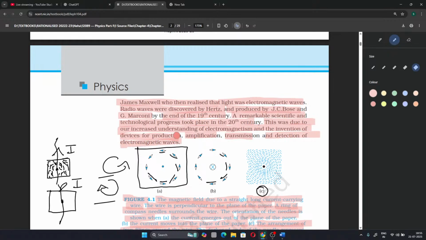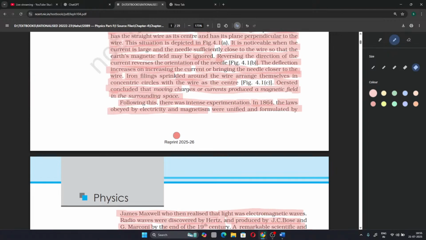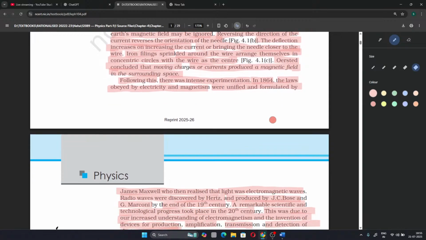Basically, what this paragraph is saying is that after Ørsted found out this phenomenon, he concluded that moving charges or currents produced a magnetic field in the surrounding space. After this conclusion of Ørsted, there was intense experimentation.